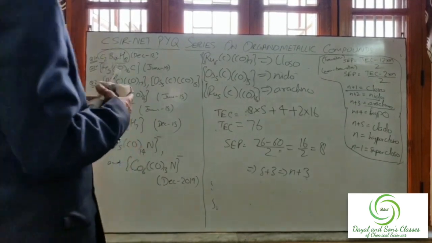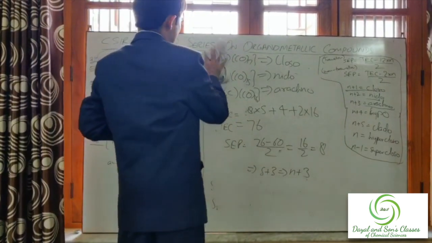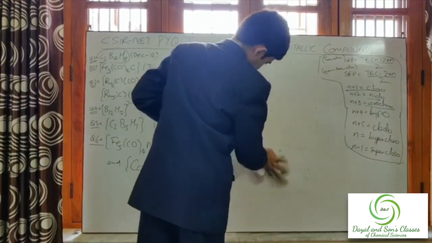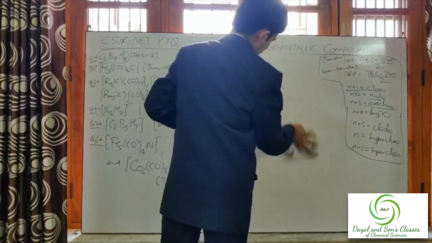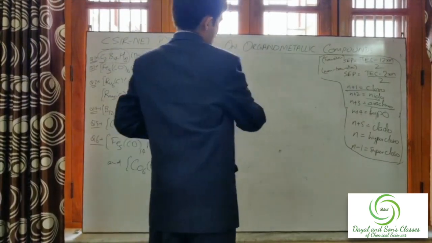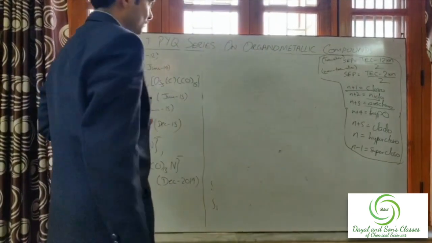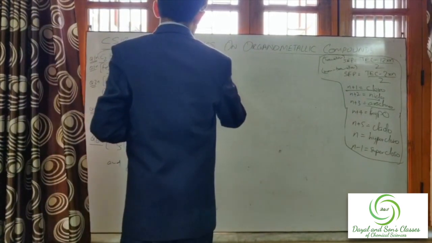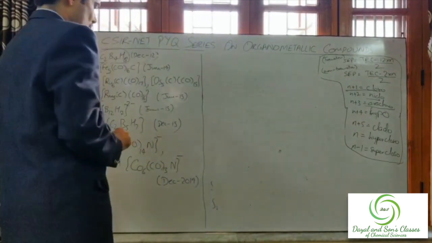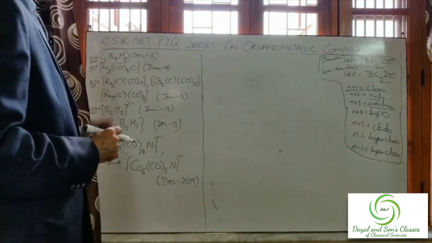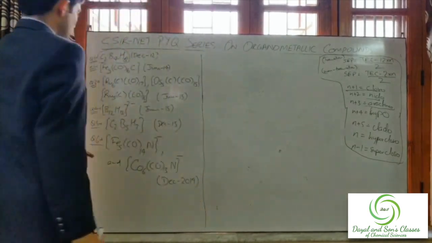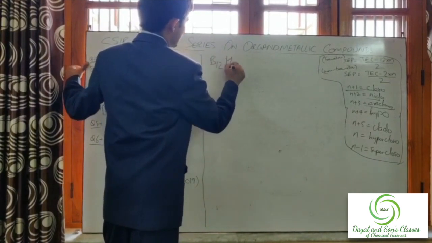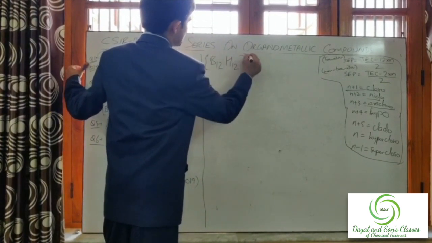Now let us take up the fourth question, which is again from June 2015. In this question, we are asked to find the cluster type of B12H12 2 negative.